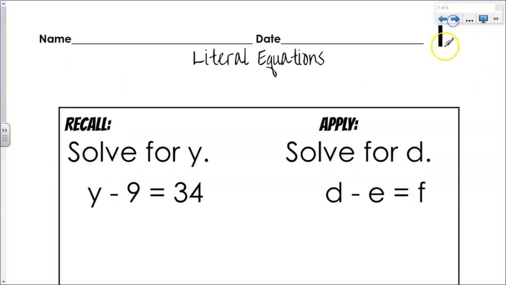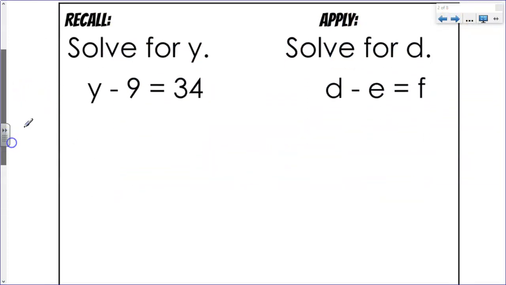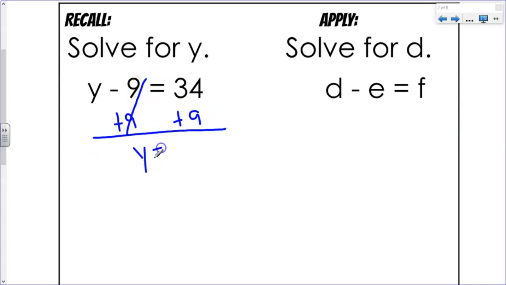Okay, so let's look at another one. And here, we're going to solve for y. So we know to add 9 to both sides. We get y equals 43. So here I'm solving for d. So it's d minus e.